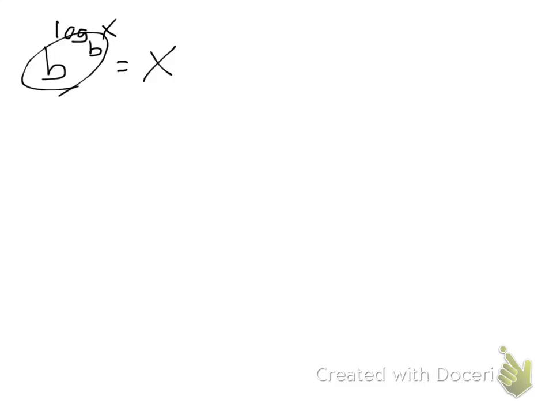So whatever it is, it's x. So 2 to the log base 2 of 3, the 2's will cancel the logs out, and your answer is 3. So whatever's in that position comes down, 3. Doesn't matter what's in that x position, that is your answer.